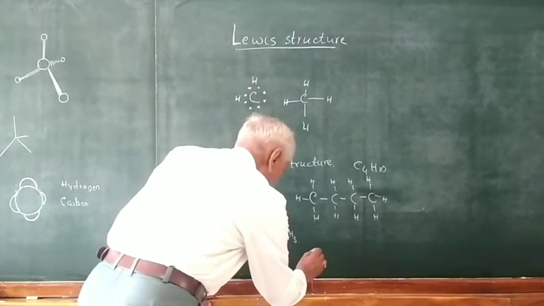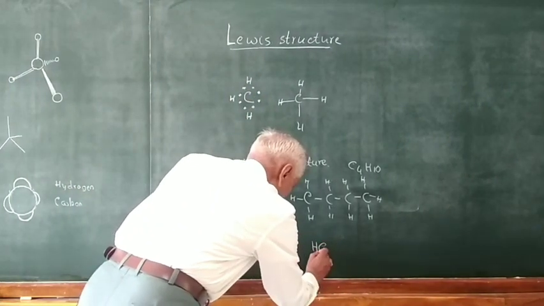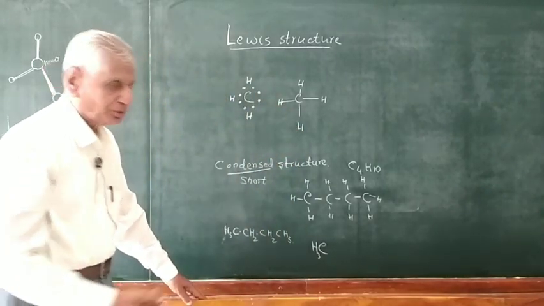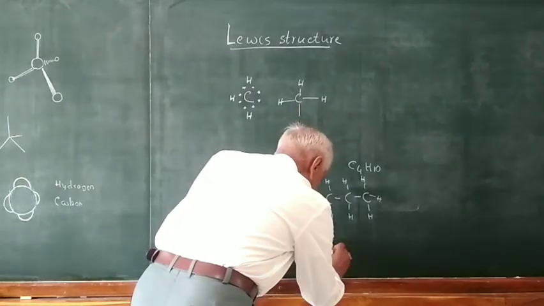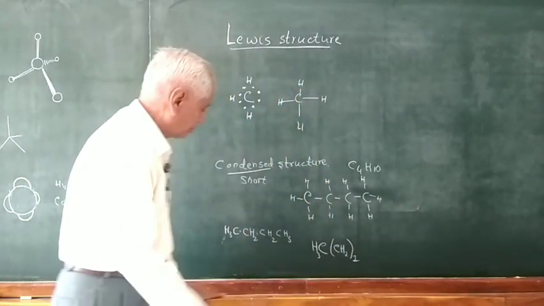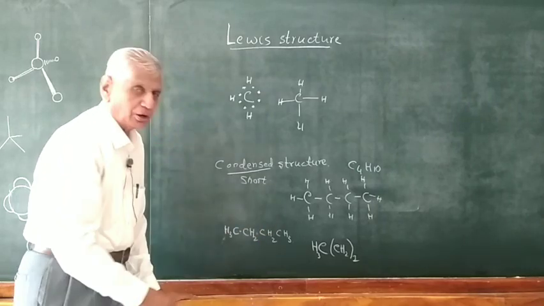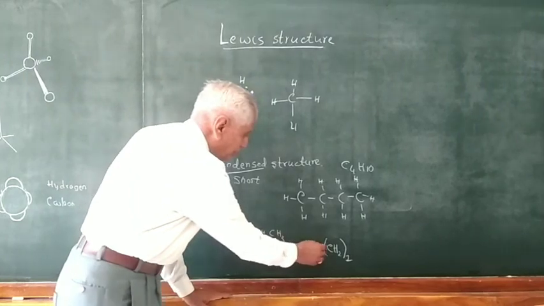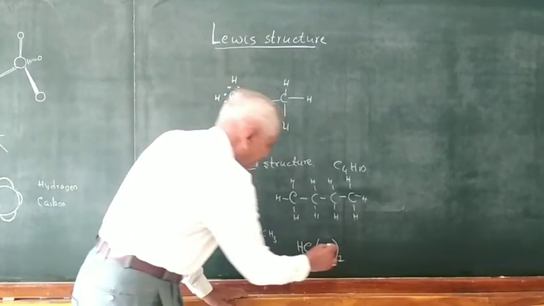Look, CH3, CH2, CH2. There are 2 CH2. So write there the bracket CH2 twice. So these CH2 are not written separately. And therefore it is written CH2 twice and then CH3.